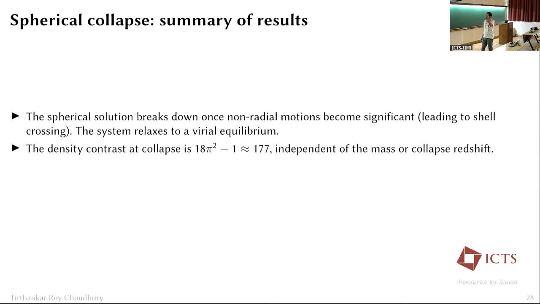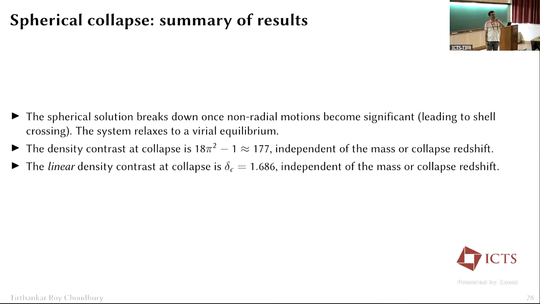So basically what I'm trying to say is there are some numbers in the problem which do not depend on what is the mass of the system, when does it collapse, what was the initial density contrast, and so on. These numbers are that when the collapse occurs, when it stabilizes to this virialized system, its true density contrast will be 18 pi squared minus 1. Okay, this you can just show from your Newtonian equation. It's quite simple, but very interesting.